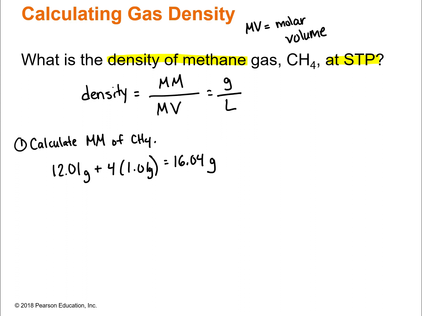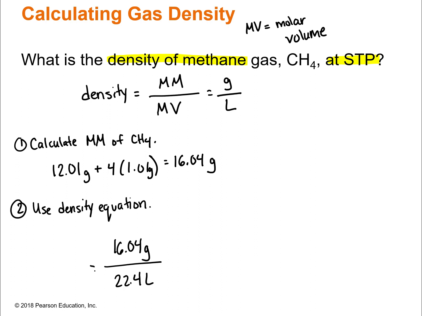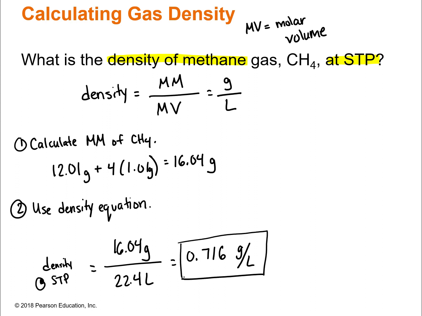Always use 22.4. 16.04 grams on the top, 22.4 liters on the bottom. And there's our density. We use 3 sig figs here because the molar volume has 3.